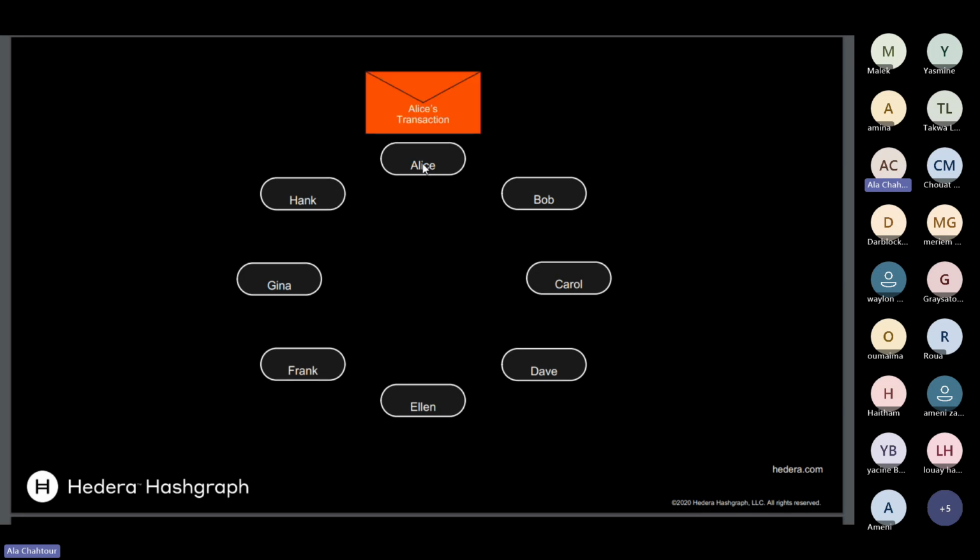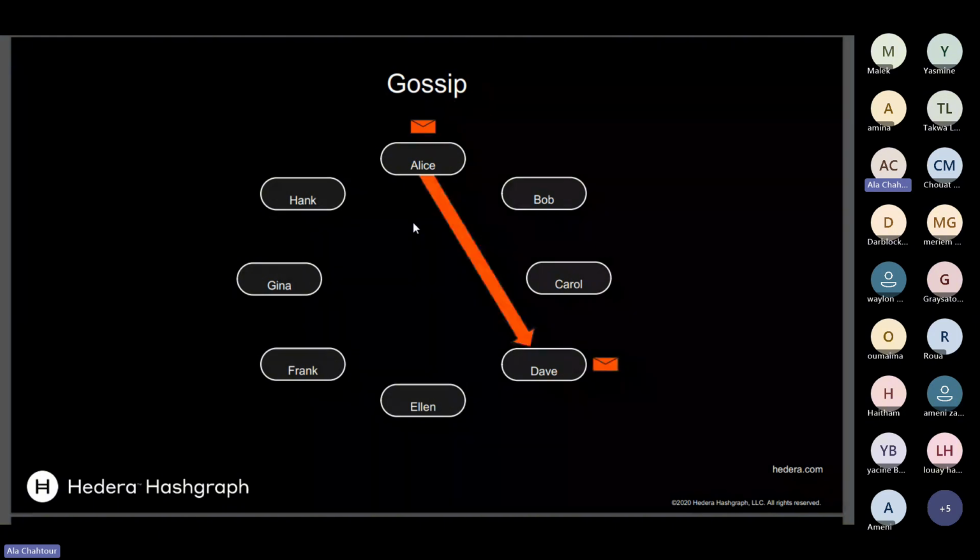Alice detects a transaction from one of the services, so she is going to gossip the transaction. Gossiping means telling other validators that this transaction came to the network. For example, Alice tells Dave that she detected the transaction.